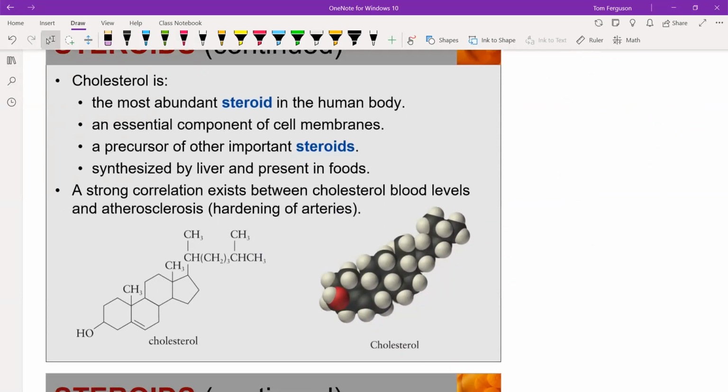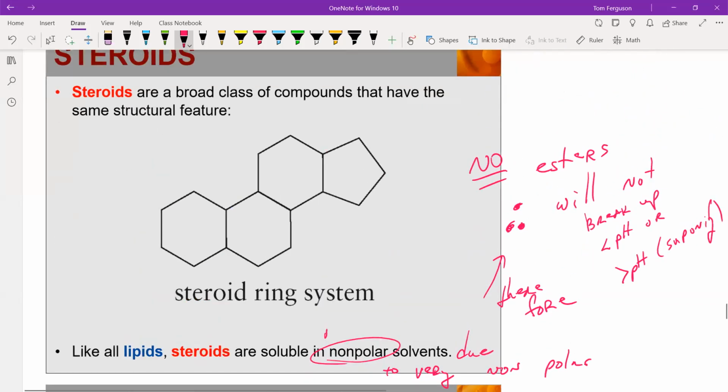We all know about cholesterol. Because cholesterol has an OL on it, there must be some hydroxyl groups there. And here we are. So if I asked you on a test, we have cholesterol, and then we have this guy. By the way, you need to know the ring system.